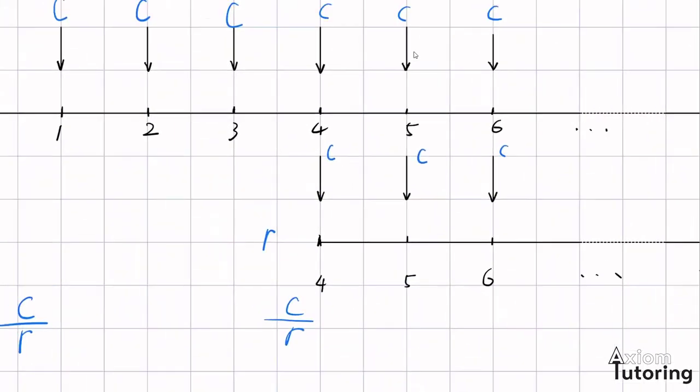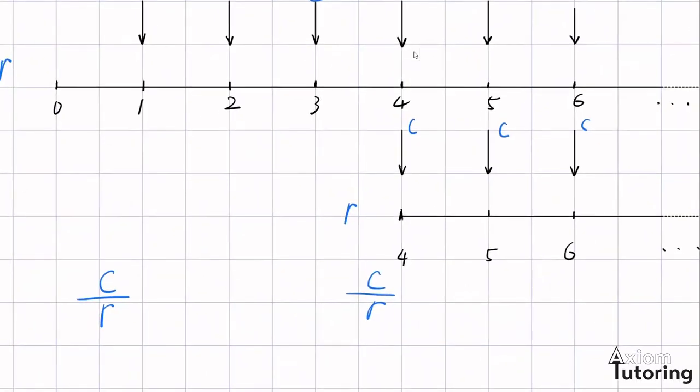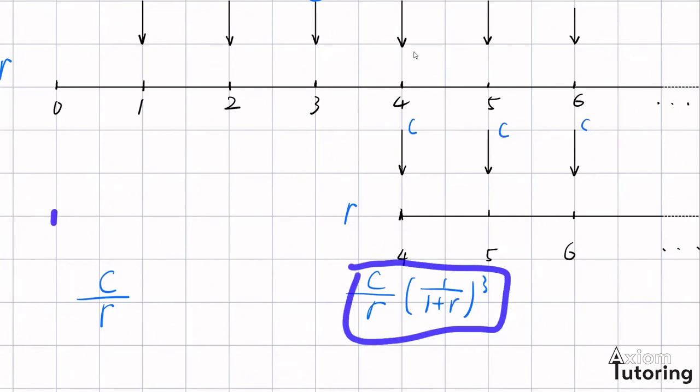So if we want the value at year 0, we need to further discount it 3 times, or you should write this as 1 over 1 plus R to the power of 3. So this is the true value at time 0, or the present value. If you forget to discount it 3 times back, then it's only the value at t equals 3.